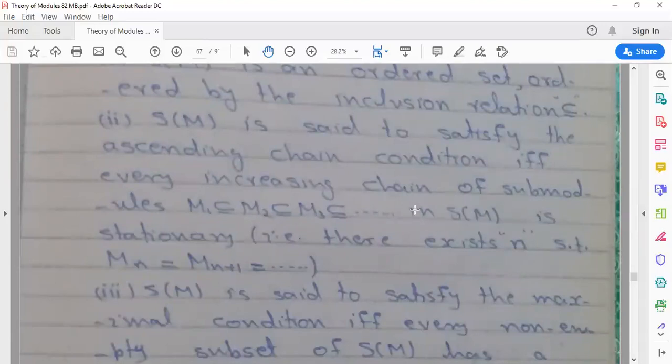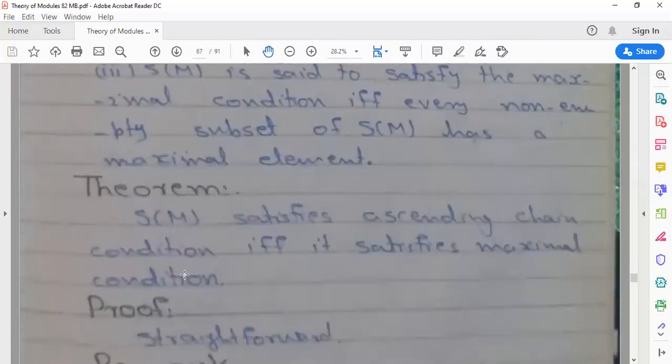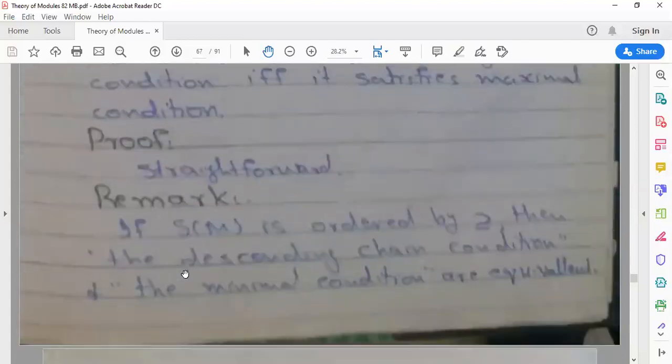That means there does not exist Mn plus 1 such that Mn is properly contained in Mn plus 1. That means stationarity starts: Mn is equal to Mn plus 1, Mn plus 2. So when Sm satisfies the ascending chain condition, it must satisfy the maximal condition. It is straightforward.